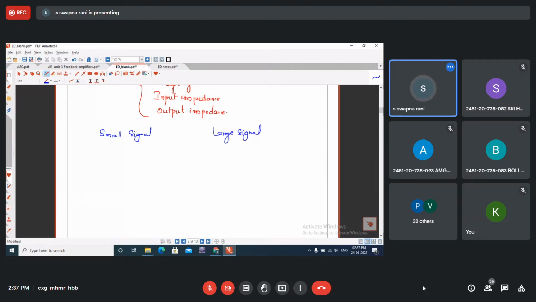Why the name small signal has come: here the strength, the peak to peak amplitude, of the input signal is small, so the transistor is always operated in the active region.